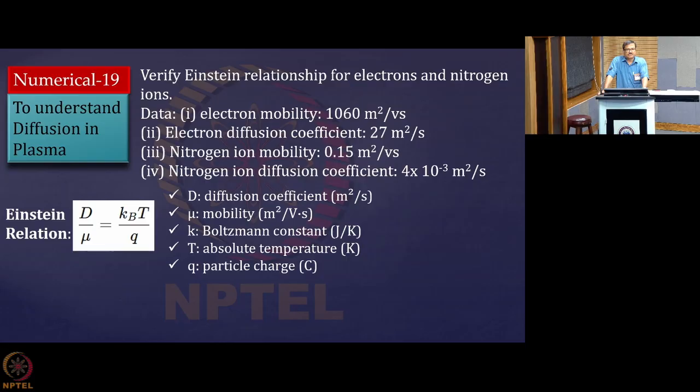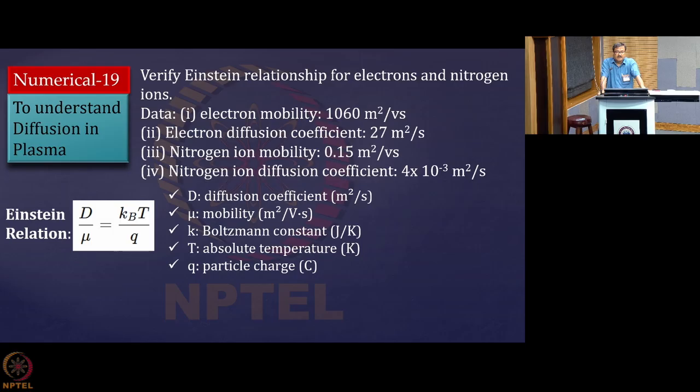Note the difference between the electron mobility and the nitrogen ion mobility. One is in the range of 1060 meter square per volt second, the other is just 0.15.